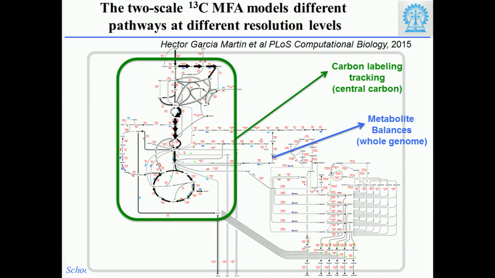It may be 100 to 200 reactions depending on your network. Since you are taking the entire genome scale metabolic network, you can apply cofactor balancing and other techniques. So, that is why this method becomes altogether a different method for calculating the flux, 13C MFA for genome scale metabolic network.